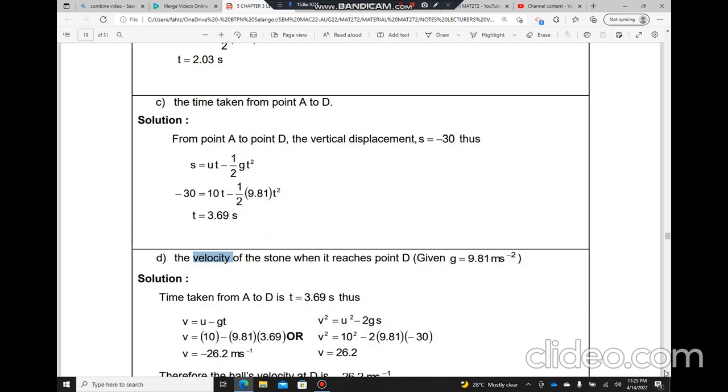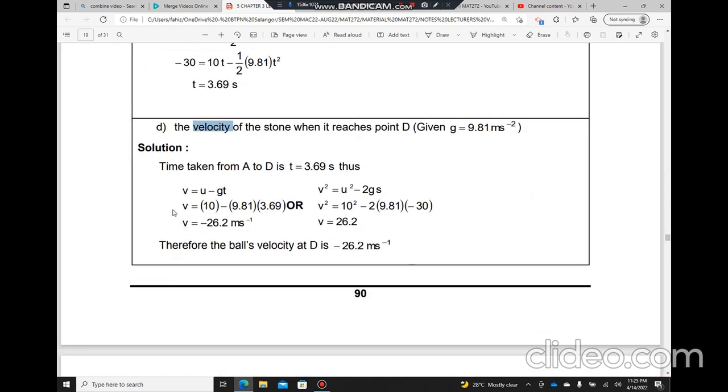So just use the formula either V equals to U minus GT or V square equals to U square minus 2GS. So you substitute all the value here. U equals to 10, G equals to 9.81 and T equals to 3.69. So you get velocity is 26.2, or another one you can use V square equals to U square minus 2GS, and then you will get the same answer here.